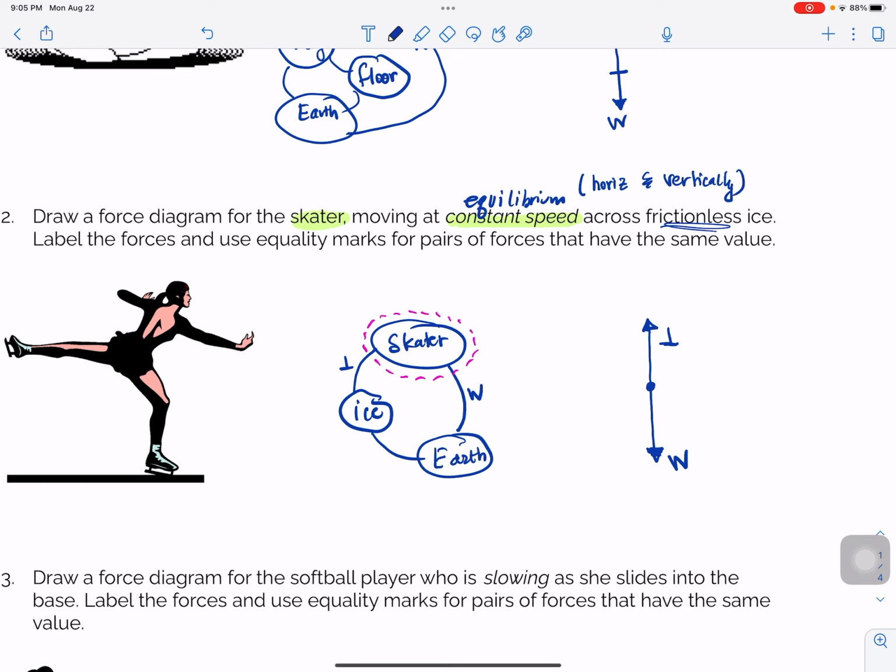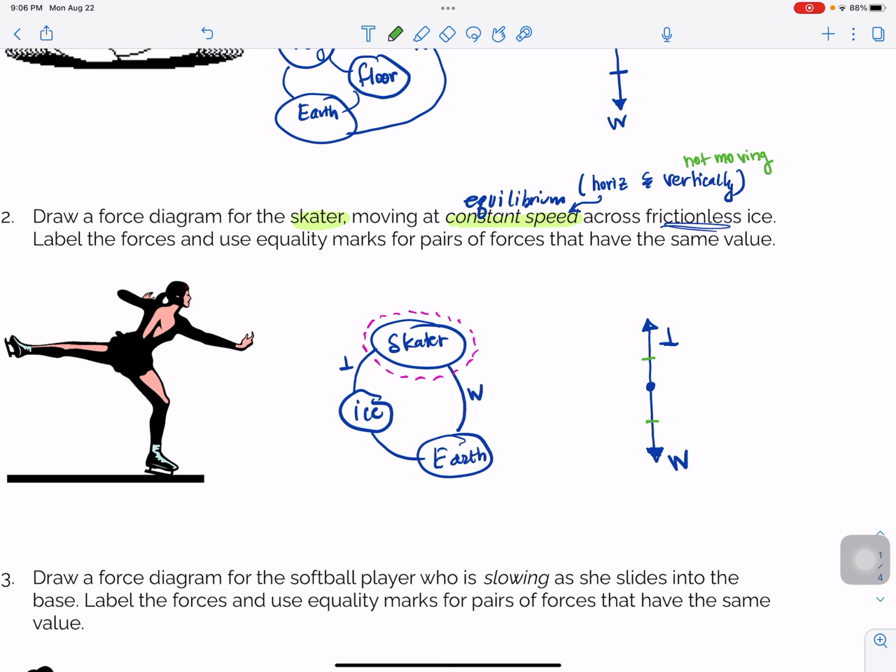So in the horizontal direction, she's moving with constant velocity. And in the vertical direction, she is not moving. So she's in equilibrium in both directions. But there are only forces acting in the vertical direction. There are no forces acting in the horizontal direction.